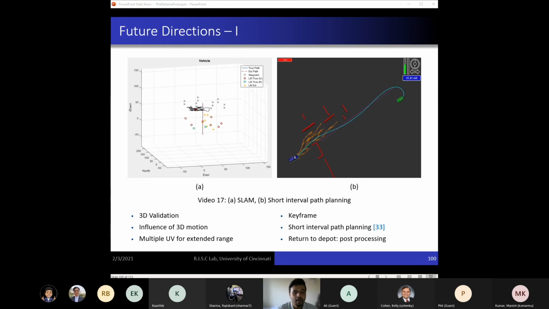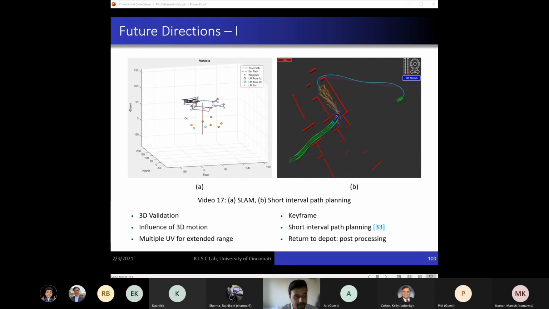Now, moving on to the future work, we can validate the effectiveness of our feature deployment algorithm using a 3D model. As video 17A shows, range-based SLAM was achieved using a quadcopter. We have also developed a similar 3D model for feature deployment using a quadcopter, but we might need to provide additional constraints for the optimization problem.